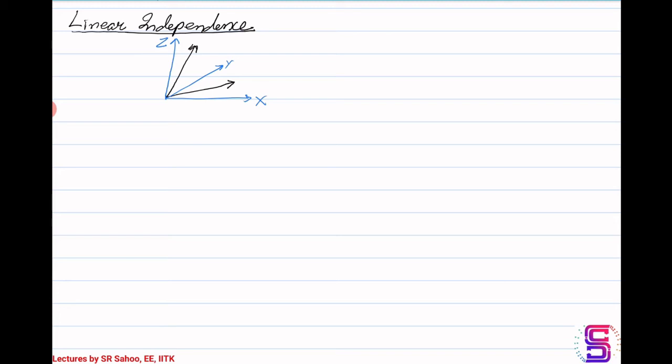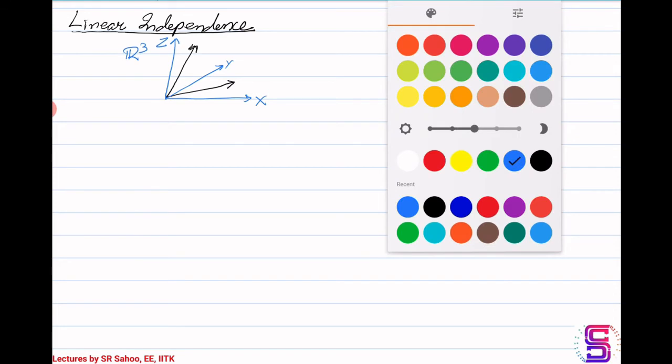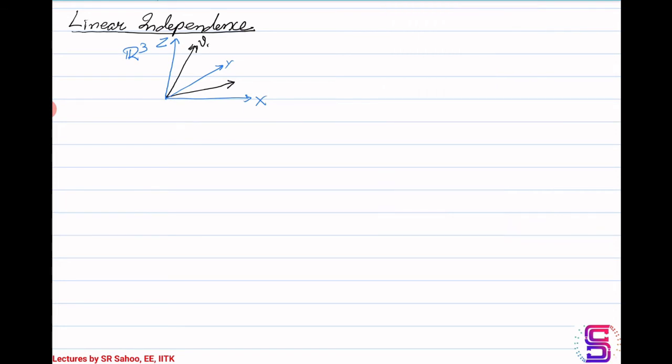Let us label them as vector 1 and vector 2. Let us introduce another vector as well. Consider it to be vector 3. So you have a set of three vectors v1, v2, and v3.